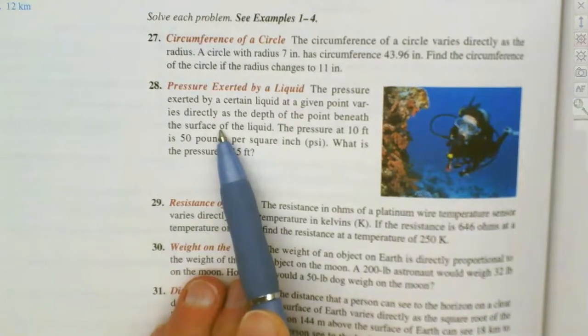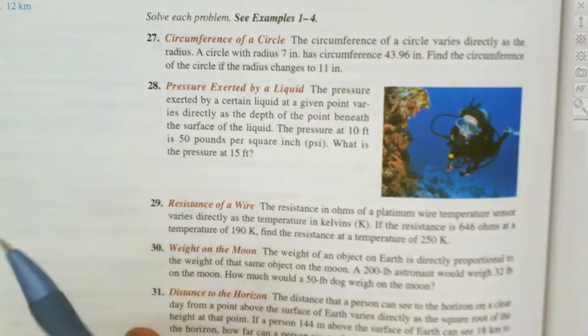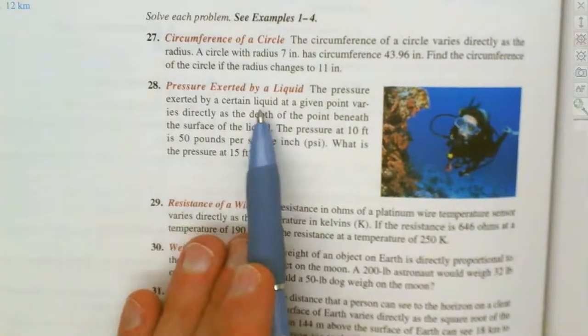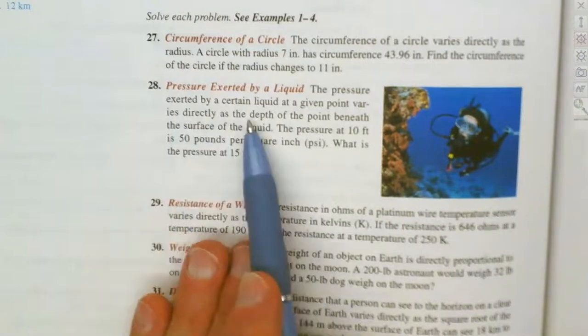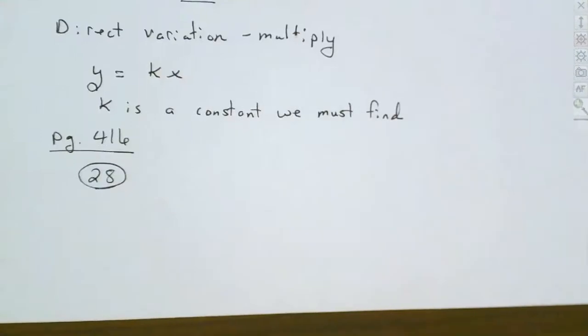Pressure increases. So one makes the other go up. Now, what does it look like here? The pressure exerted by a certain liquid varies directly as the depth of that point. So the pressure is going to equal k times the depth.